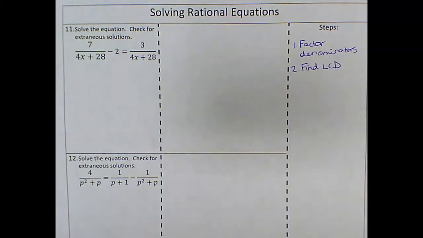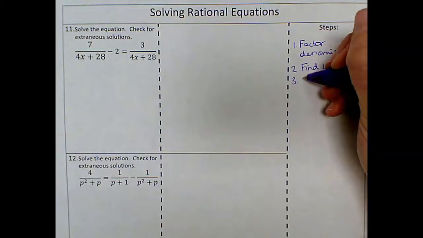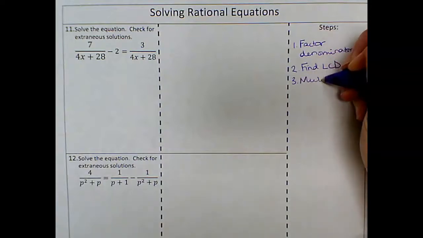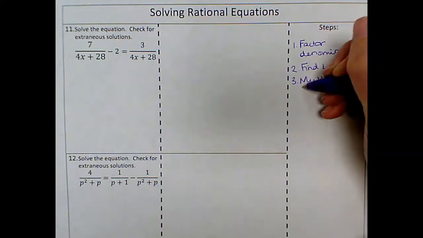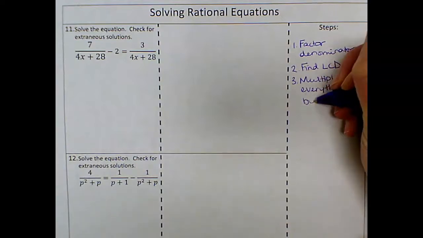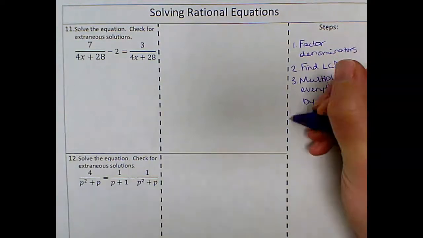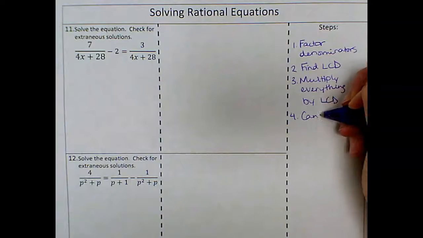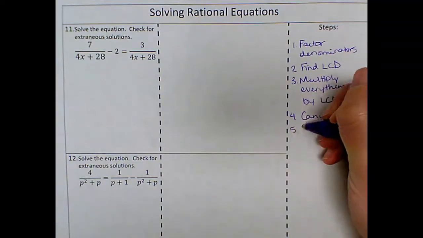And in this case, in order to cancel out any fractions that we might have, we want to multiply all terms by the LCD. And that way we can cancel out our fractions and solve our equation.